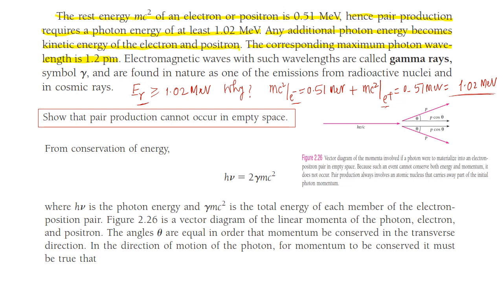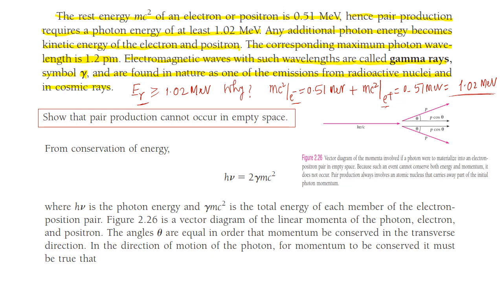If you calculate the photon wavelength corresponding to this energy, it will come out to be 1.2 picometer. You know how to calculate it. And electromagnetic waves with such wavelengths are called gamma rays. The symbol is gamma, you know already, and they are found in nature as one of the emissions from radioactive nuclei and in cosmic rays.